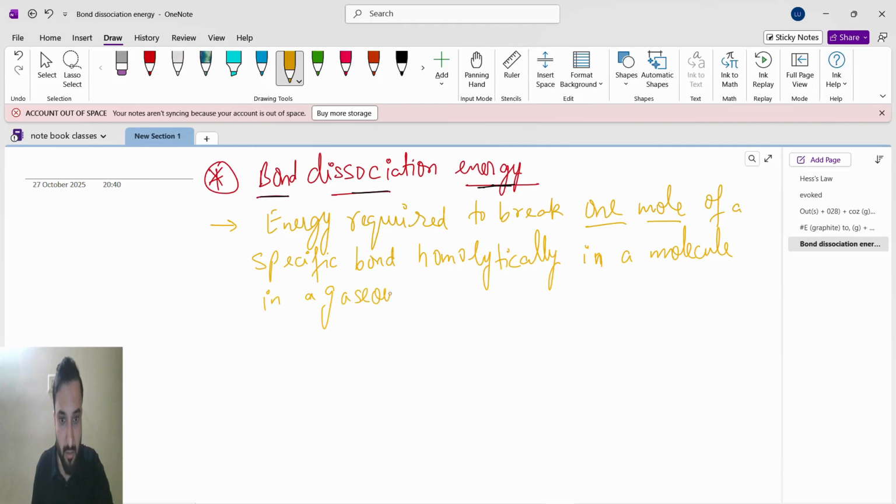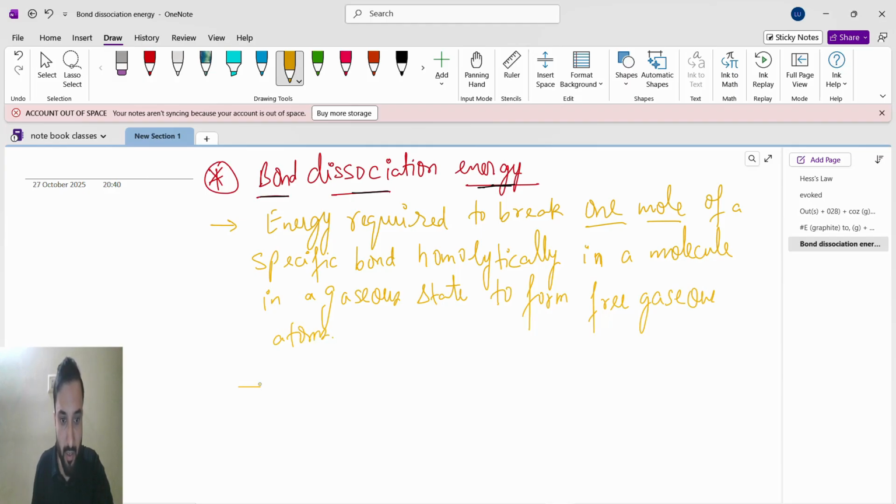In a gaseous state to form free gaseous atoms.